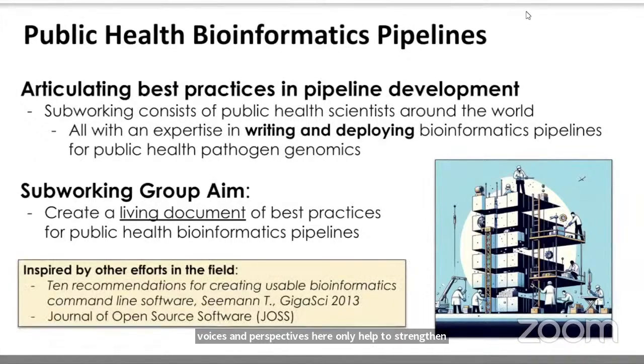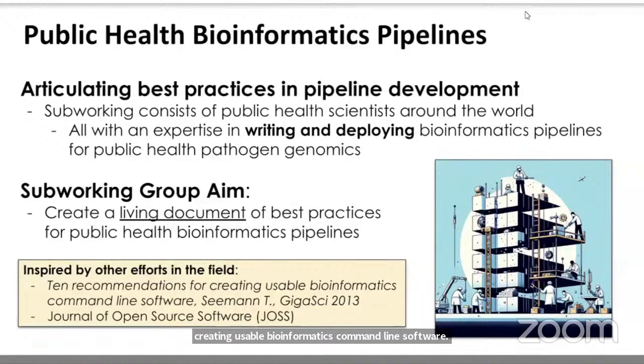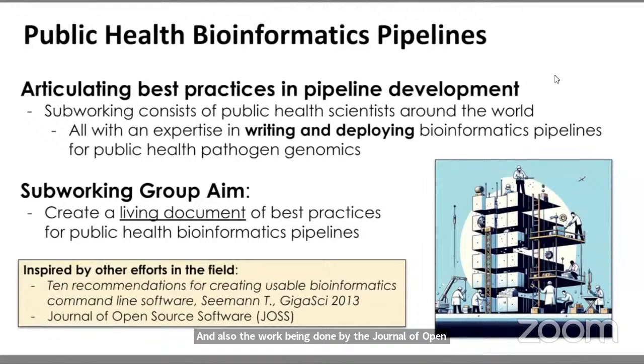And it's also worth noting that our sub-working group has been inspired by other similar efforts in the field. Most notably, Torsten Seemann's 10 recommendations for creating usable bioinformatics command line software, and also the work being done by the Journal of Open Source Software, or JOSS. Simply put, we're taking the ideas of these two works and applying them specifically to bioinformatics pipelines for public health.